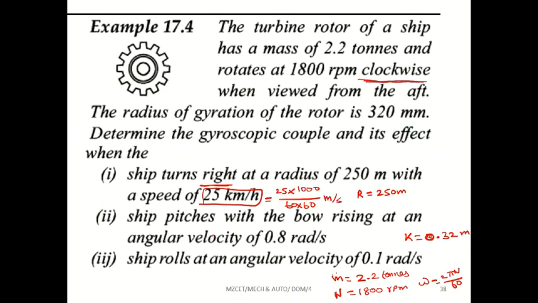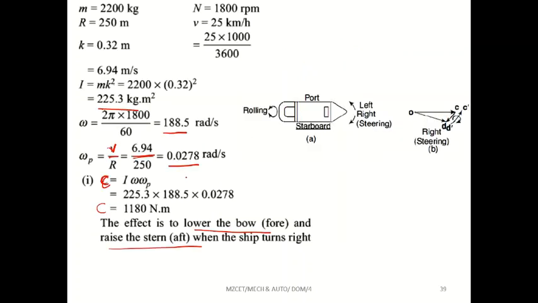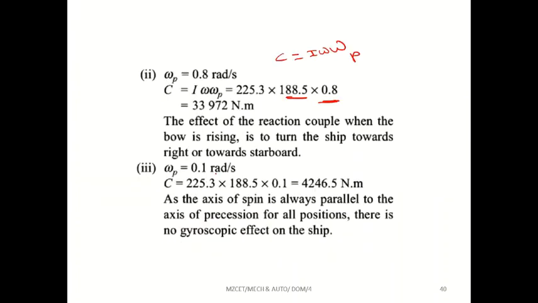Similarly here, the ship pitches with an angular velocity of 0.8 radian per second. Once again the same formula, I omega p, but for pitching they have given 0.8 radian per second. The omega value is the same, but omega p changes.